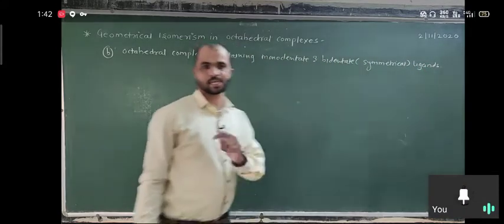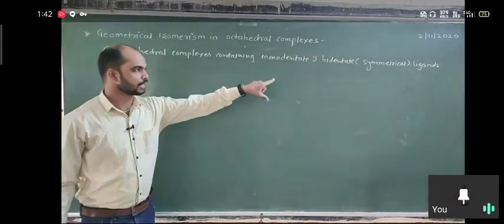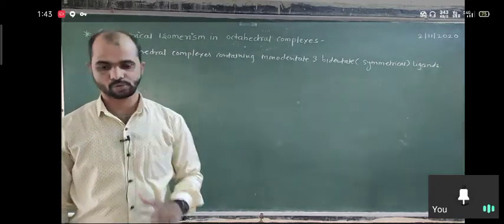So the second type of complex is the octahedral complex containing monodentate as well as bidentate, but the nature of the bidentate is symmetrical. We are going to discuss that here.